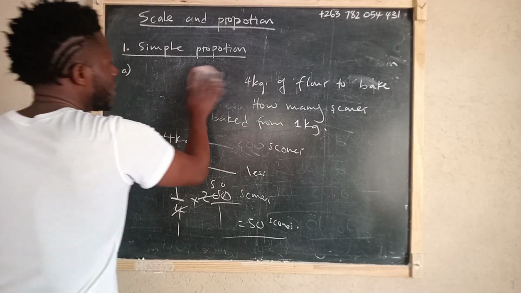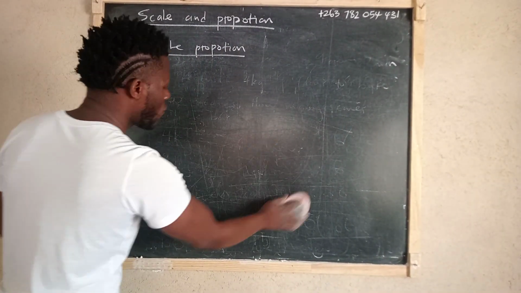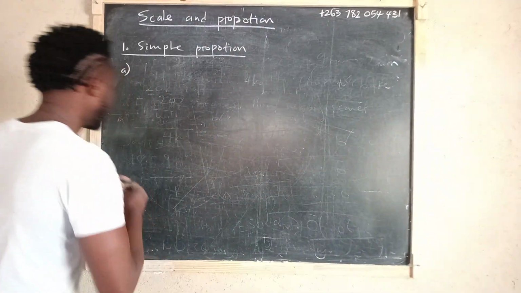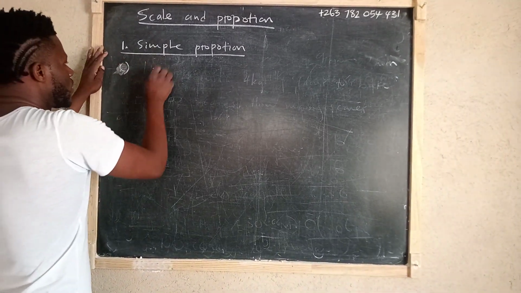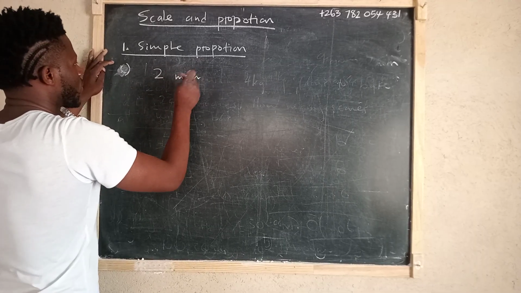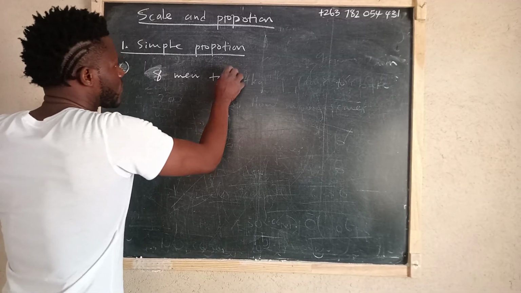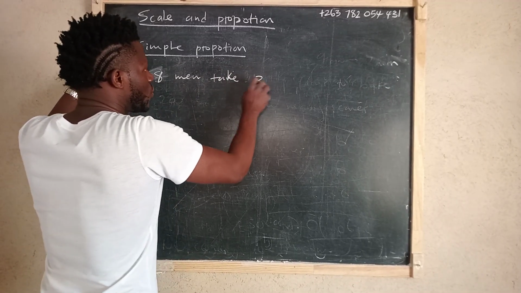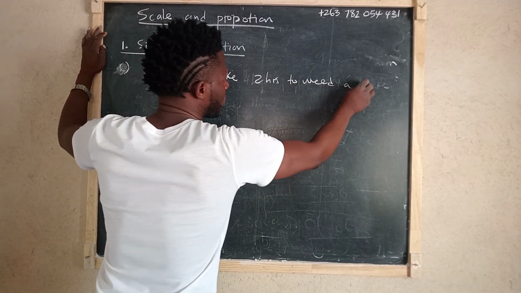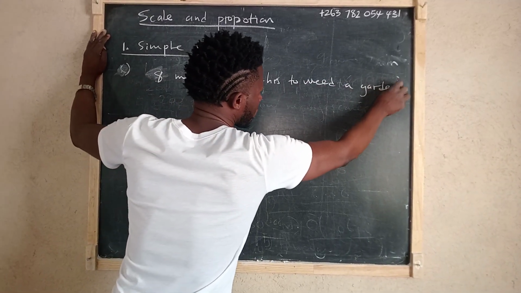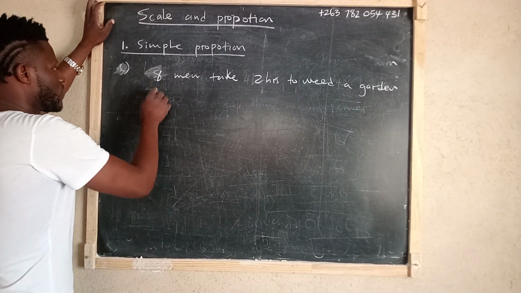Then this scenario, it also demands your logic. You must be involved mentally to reason clearly before you start your rush to work. Let's say 8 men take 2 hours to weed a garden. 8 men take 2 hours to weed a garden.